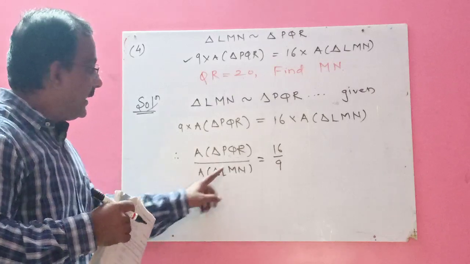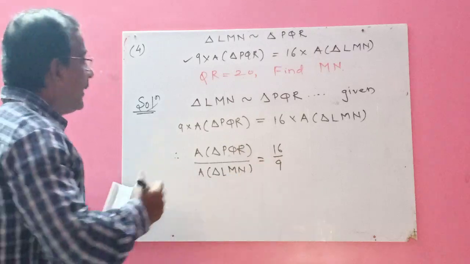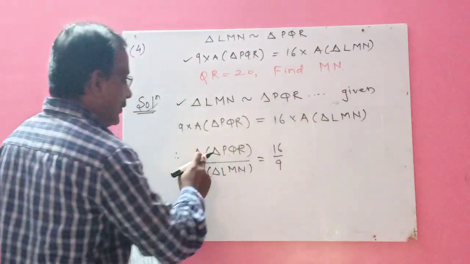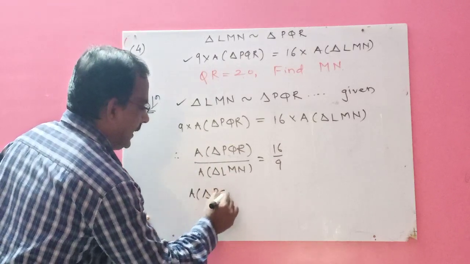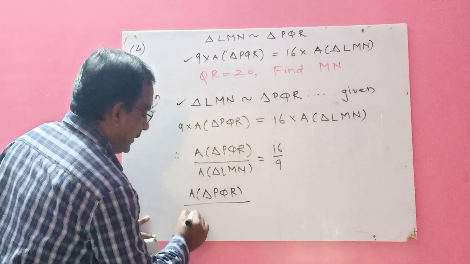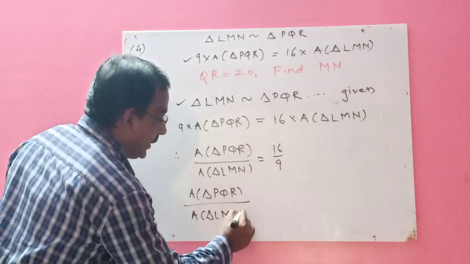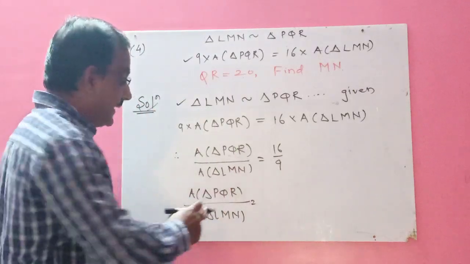So you got the ratio of area 16 upon 9, similar to your previous sum, question number 3. The ratio of areas are given in that sum. Here also we got. Okay. Now as you have written here that these two triangles are similar, then the ratio of area of triangle PQR upon area of triangle LMN is equal to ratio of square of corresponding sides.